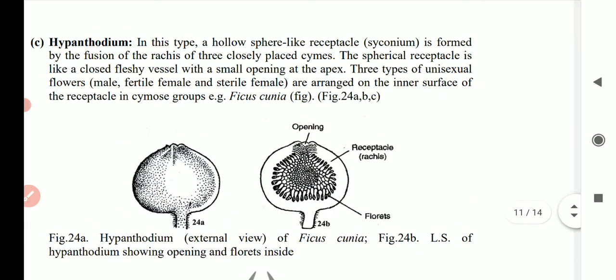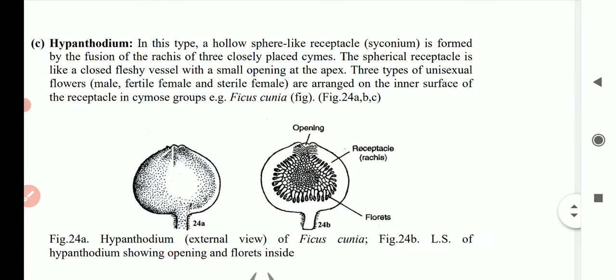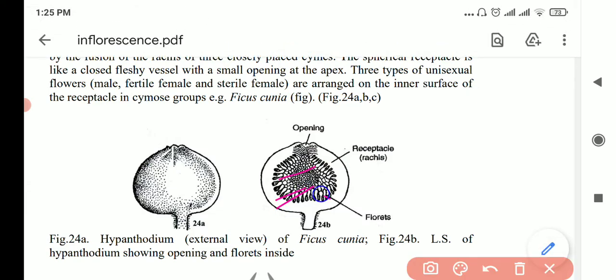Now the hypanthodium is the characteristic inflorescence of the figs. Remember Jesus used to eat figs, these Mediterranean fruits. Now in this fig, all the florets are deep inside, and there's an opening.